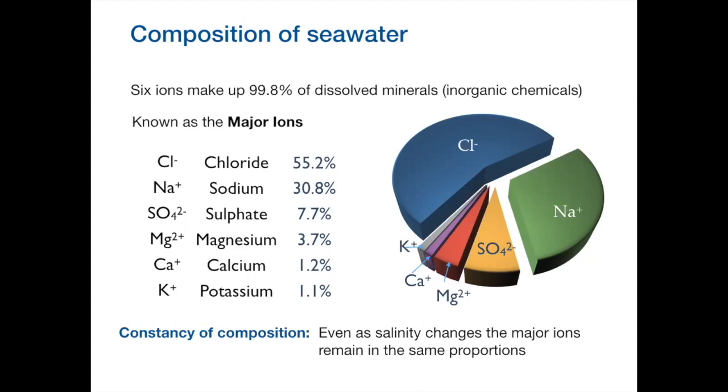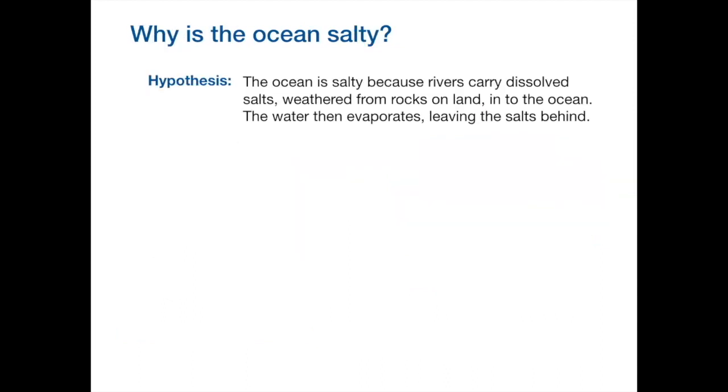So you can have very salty water like in the Dead Sea, or very fresh ocean water, so 32 grams per kilogram or something like that, and they will have the same proportions of these 6 major ions regardless of the salinity. So why is the ocean salty?